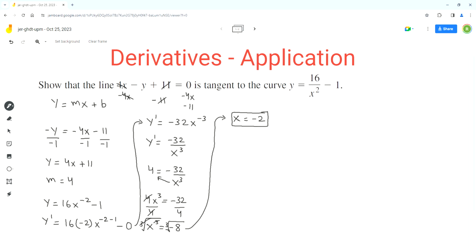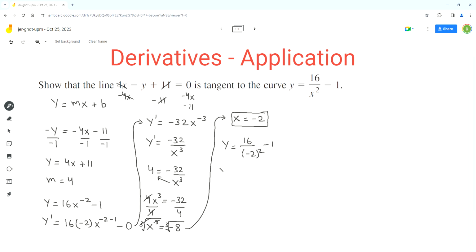Now we can find the y coordinate of the point where the tangent touches the curve by subbing in x equals negative 2 in the equation of the curve. So we get y equals 16 over negative 2 squared minus 1.